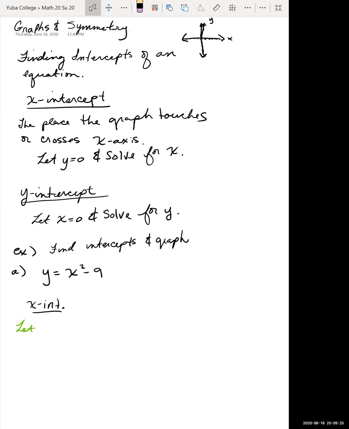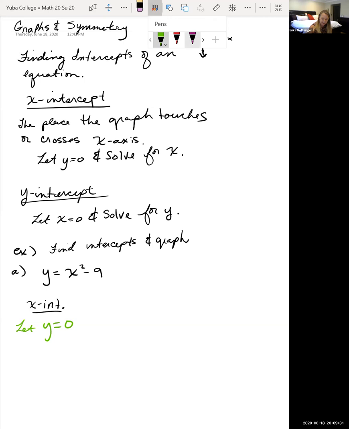Thank you. So we're going to let y equal 0, and we're going to solve for x. Putting y equals 0 in that equation, we get 0 is equal to x squared minus 9. Looking at the type of equation we have, it's quadratic, and there's a couple ways that we can solve quadratic equations.